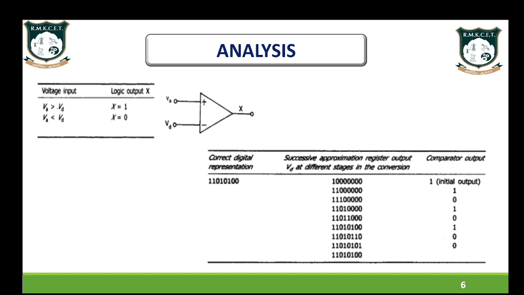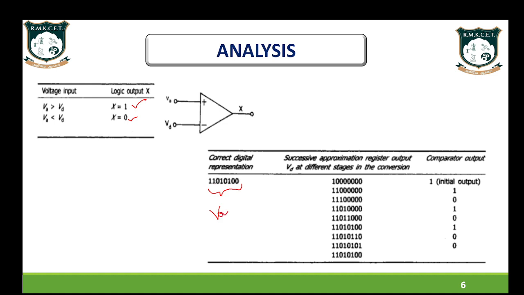If my VA is greater than VD, that is, my analog voltage is greater than my digital voltage, my comparator output is 1. If my analog voltage is less than my digital voltage, my comparator output is equal to 0. Consider the input voltage, the correct digital representation, as VA, the analog voltage.